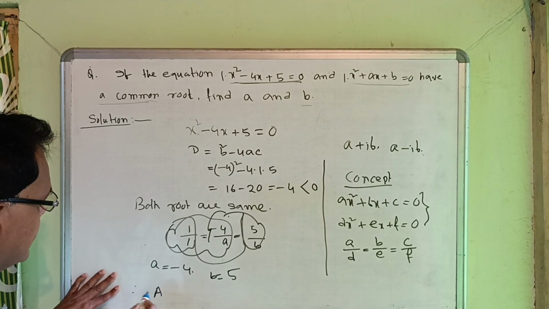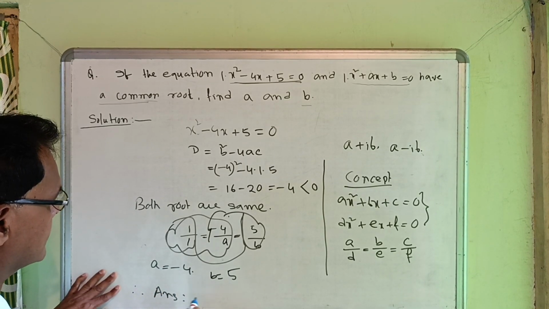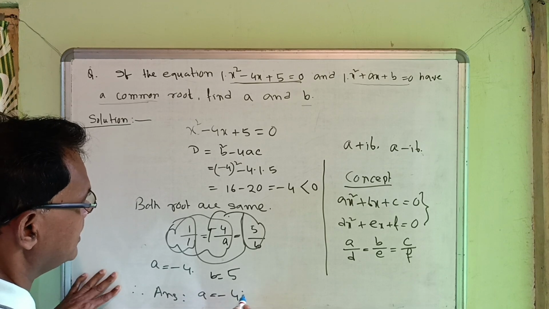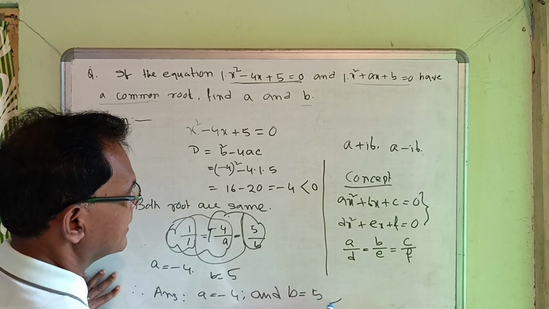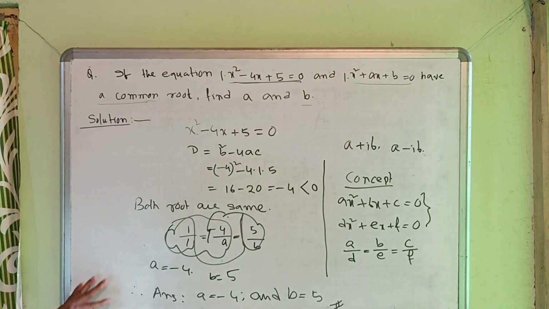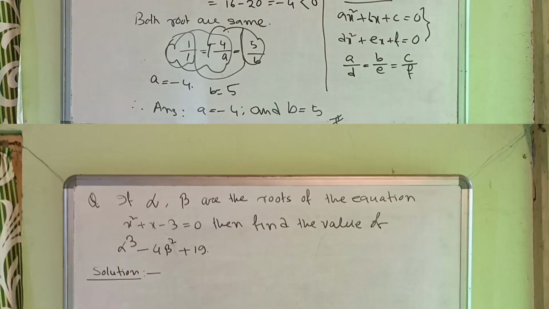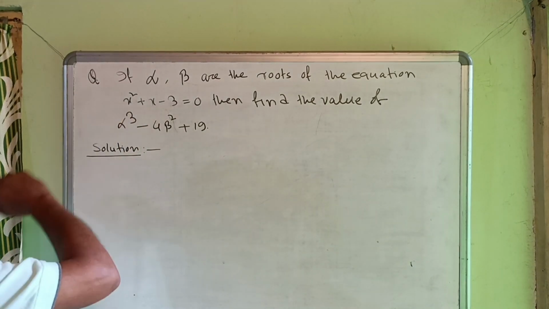Therefore, the answer is a equal to minus 4 and b equal to 5. That is a very important question from the JEE point of view. Now we are going to the next question.